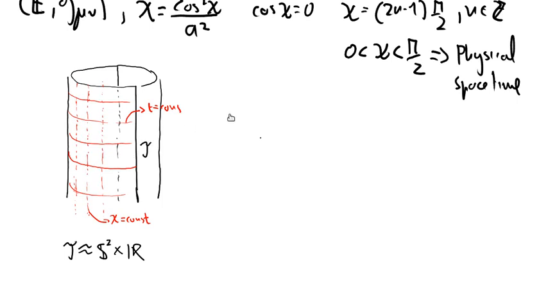But since we have this restriction, we are only allowed to pick half of the circle. Remember that the complete circle is given by this restriction. This is one of the polar angles of S3, but our physical spacetime is only a subset defined by this relation. So this is just half of the S3, and that's what we have here.